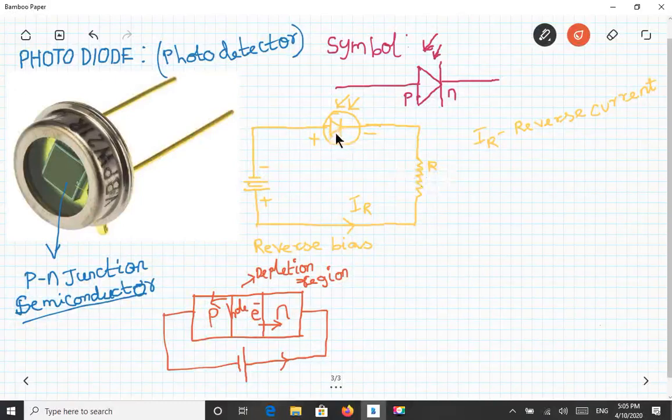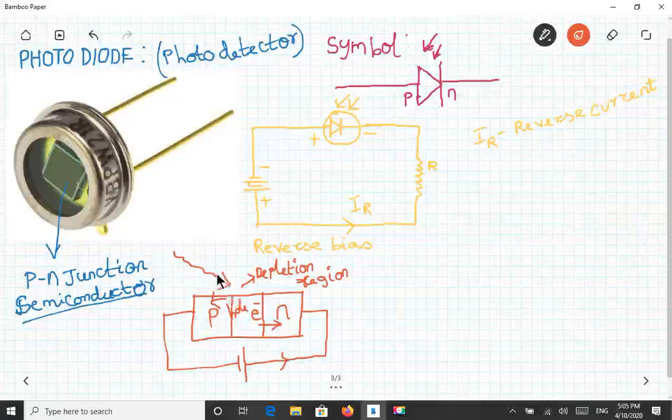Here the principle is that the light will be incident on the semiconductor, like in the photoelectric effect. Once the light is incident on the semiconductor, a pair of electron and hole is released. That is called the photoelectric effect.